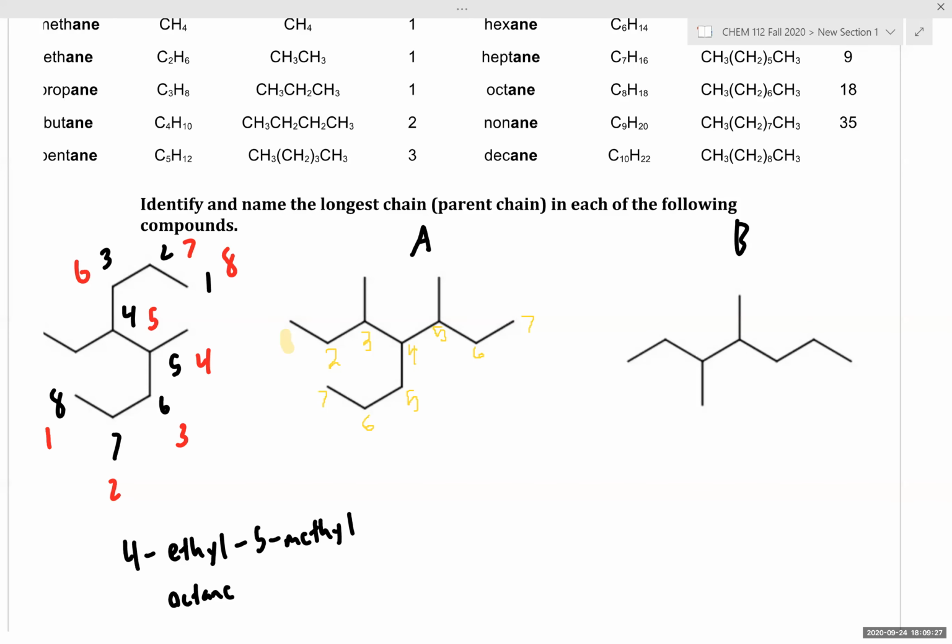So we see some numbers for structure A. And this is where our rule about branching comes into play.